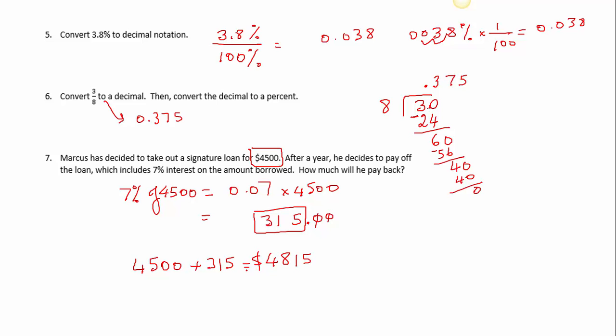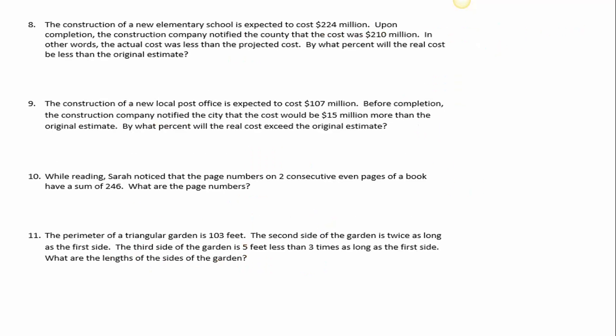That would be the final answer. Okay, so he will have to pay 7% of 4,500, which is 315, and then the principal, which is 4,500. If you add 4,500 plus 315, you will end up with $4,815.